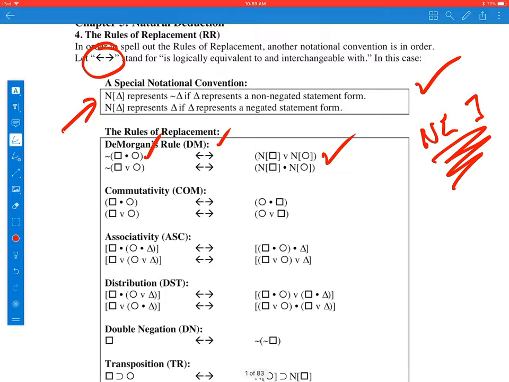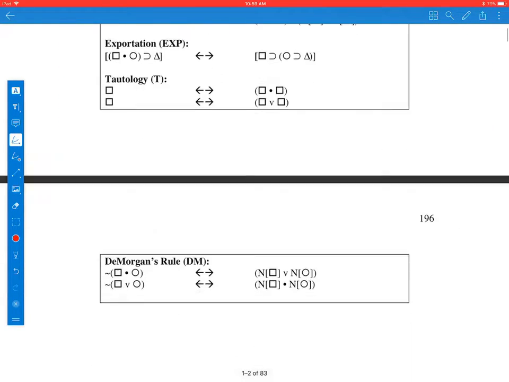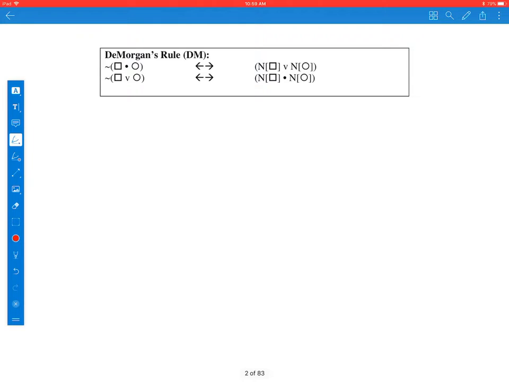Okay, let's begin by trying to understand what these rules of replacement mean. Okay, first, De Morgan's. What is De Morgan's saying? It's saying that if you have an expression that fits into this form on the left, a negated conjunction, and let's just come up with an example, not (B and Q), you may convert that into an alternative expression that means the same thing.